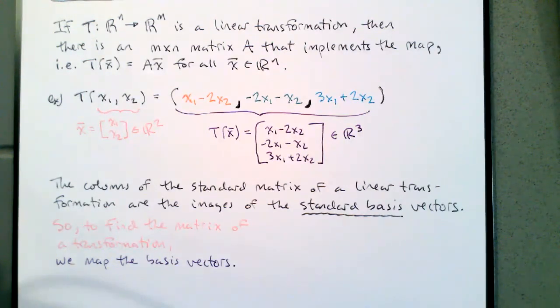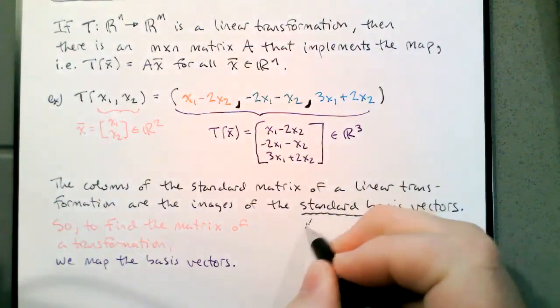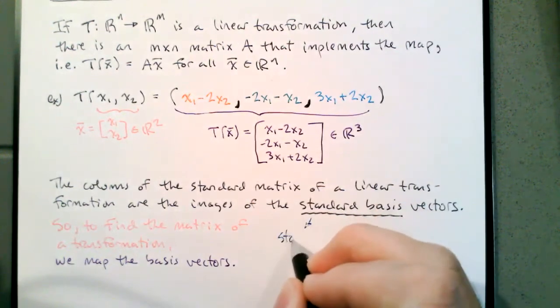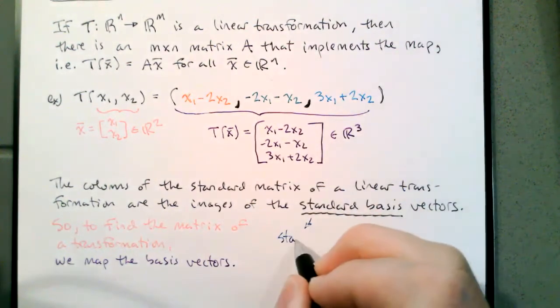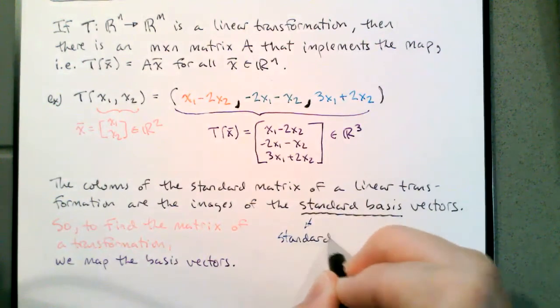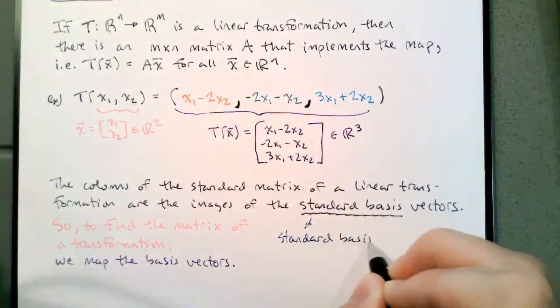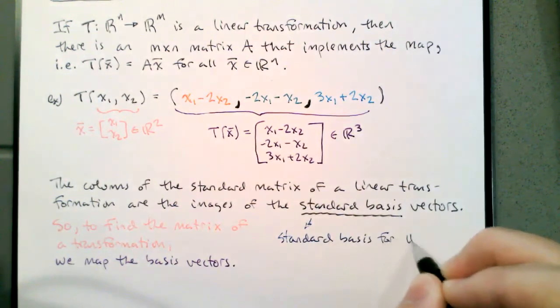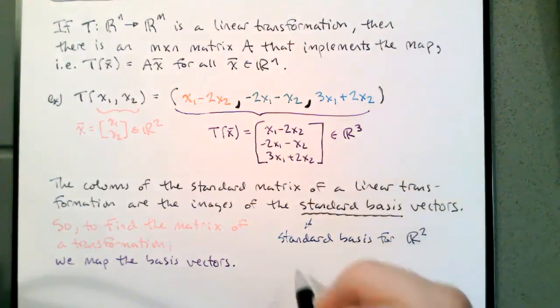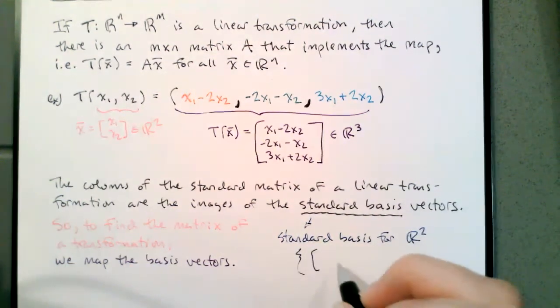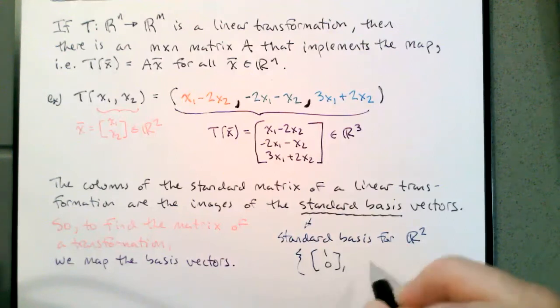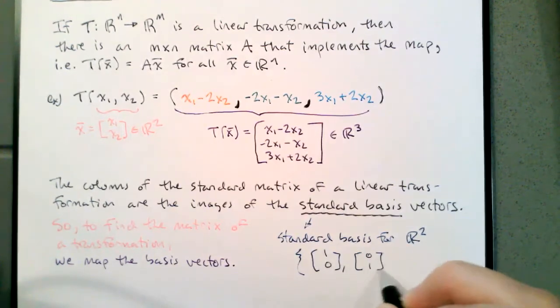So when I talk about the standard basis, we need to talk about the standard basis for a vector space. The standard basis for R2 is (1, 0) and (0, 1).